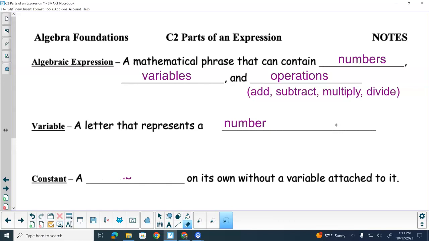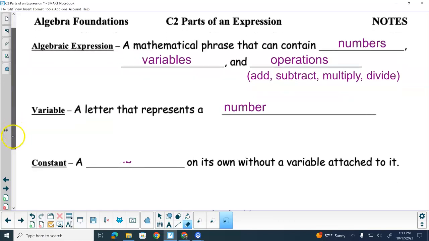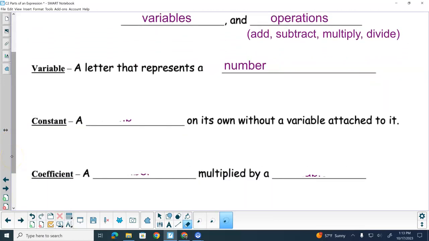Now, variables can have numbers attached to them. We'll get to them in a little bit. But if there is no variable and it's just a number in an expression, we call that a constant. A constant is a number on its own with no variable attached to it.